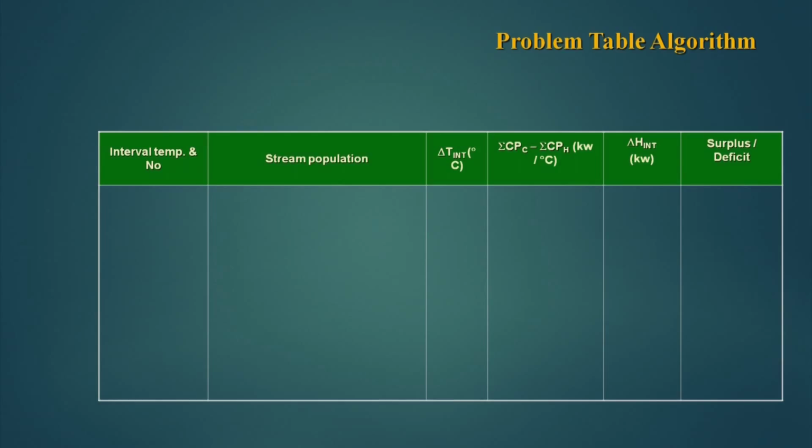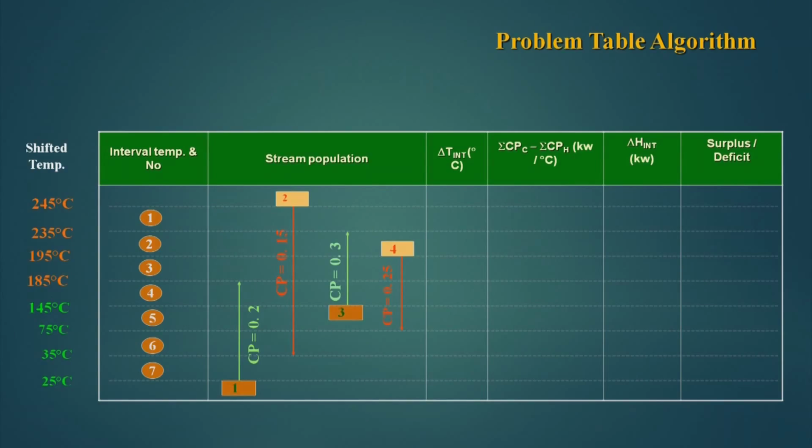To fill up this table, we take the shifted temperatures and then we define the temperature interval numbers as done in the earlier slide.